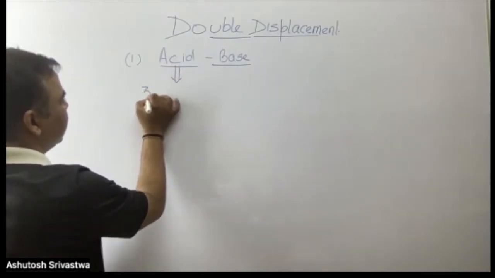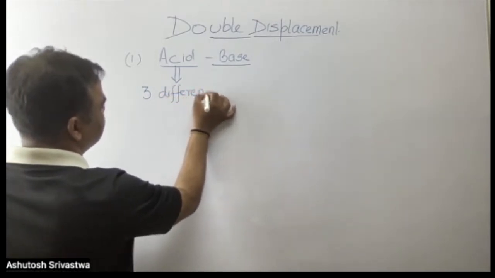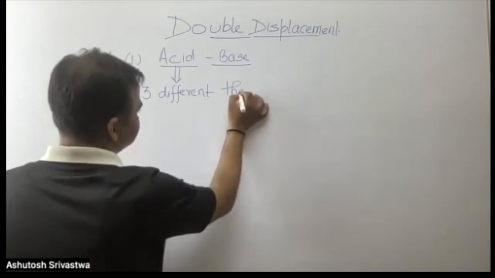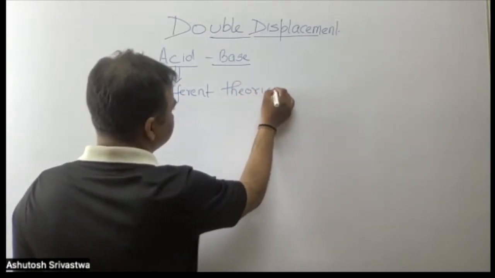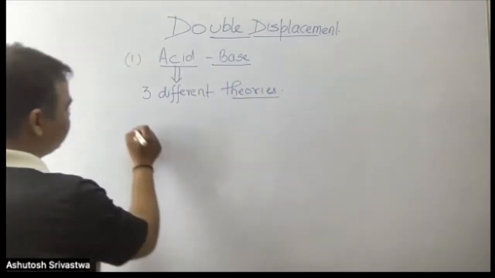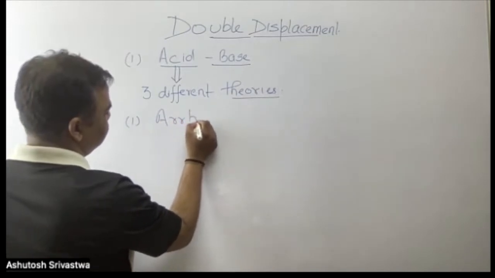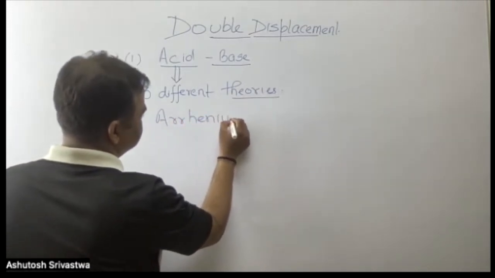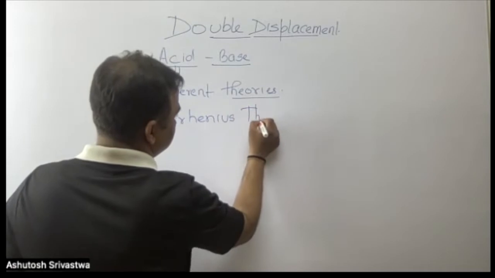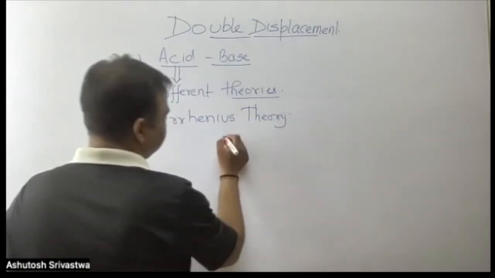There are three different theories. There may be more, but we will be talking about three theories. The first one is called Arrhenius theory. He classified acids and bases something like this.